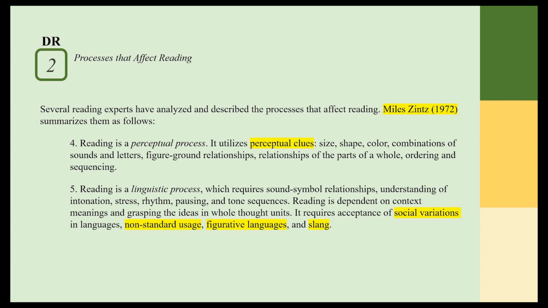Reading being a linguistic process, you have to take note of the sound-symbol relationships, yung intonation, yung stress, yung rhythm, yung pausing, and yung tone sequences. What you have to know is that there are several words in our languages na applicable actually sila, or parang they're more appropriately used for particular kinds of situations. Like if you're gonna be talking about pretty, it's different from beautiful.